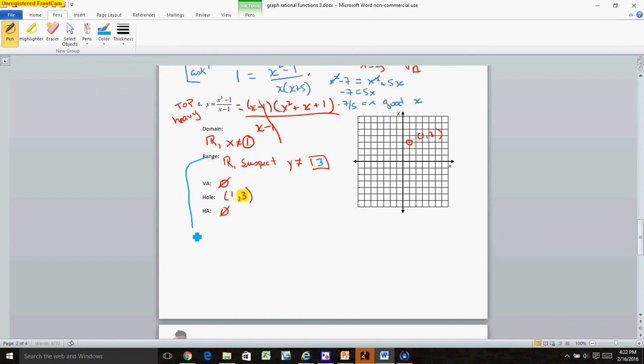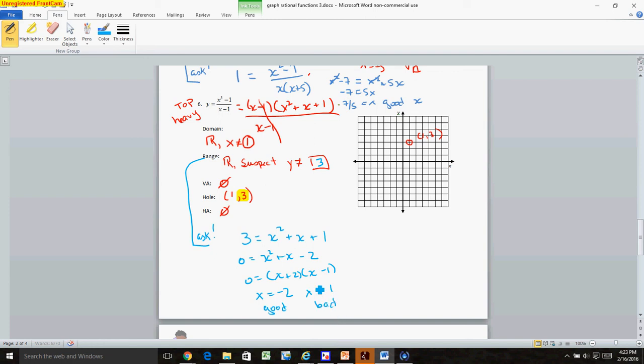So I ask, excuse me, function, will you ever equal 3 on the cleaned up version? And I got two x's, one was good and one was bad.